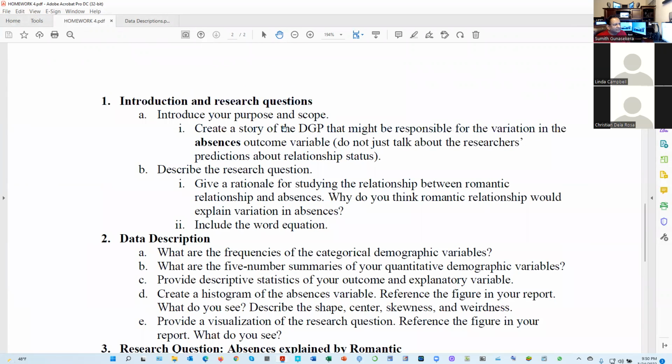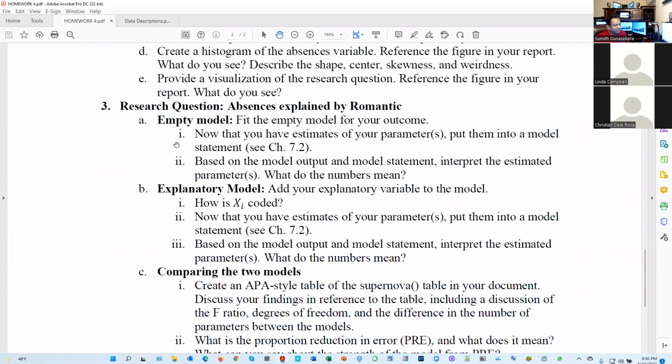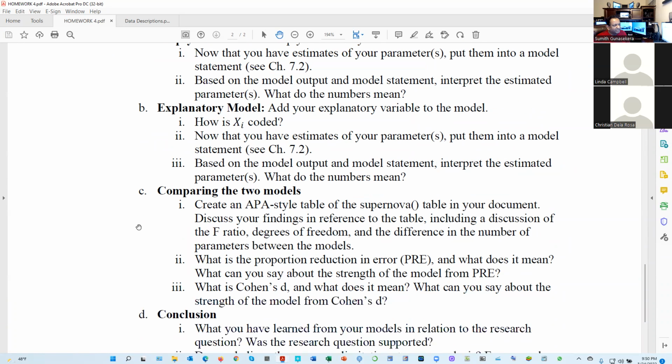If you go to the introduction and research, we're done. Data, we're done. Provide a visualization, we're done. Empty model, we're done. And here, now that you have estimated based on the model statement, interpret the estimators, comparing this one. What is the proportion reduction and what does it mean? What can you say about the strength of the model from prior? What is Cohen's d? Those are the ones we're looking into.